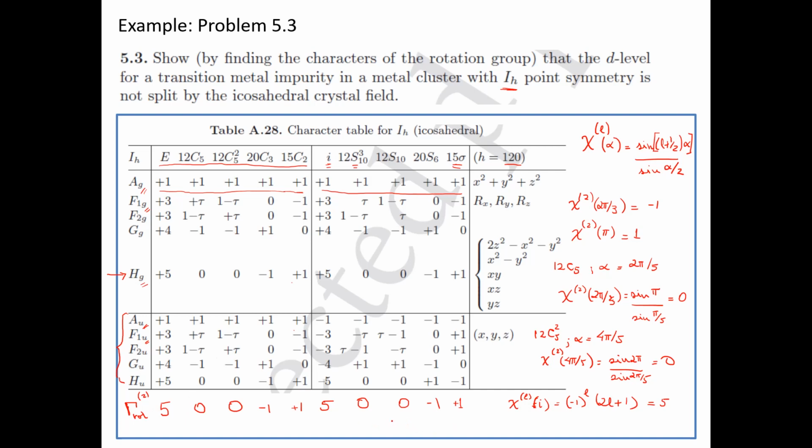So basically what this is saying is that the Gamma 2 rotation for the Ih group is essentially the Hg representation. So the five-fold degenerate D levels in an atom are not split by the icosahedral group. They remain five-fold degenerate.